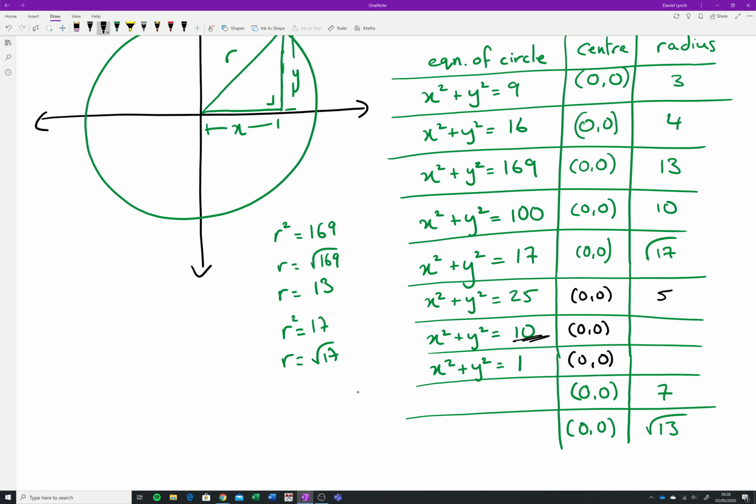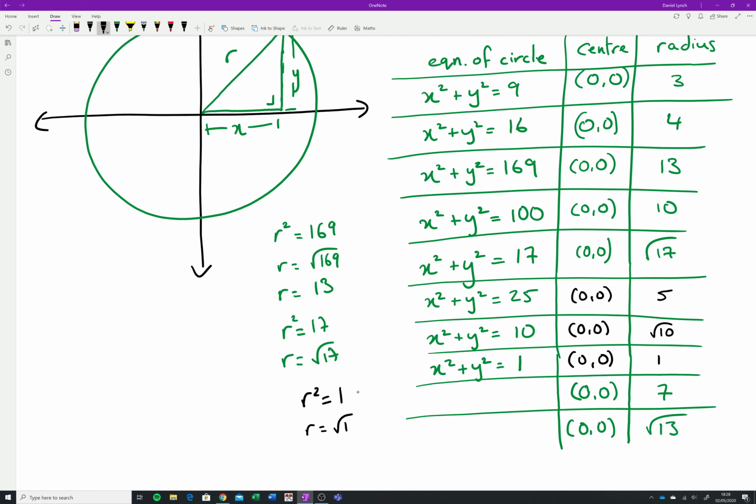R squared is 10, so r is equal to the square root of 10. You can't really break that down into anything much nicer. I tried to put in a small tricky one. R squared is equal to 1. So r is equal to the square root of 1, and the square root of 1 is just 1.